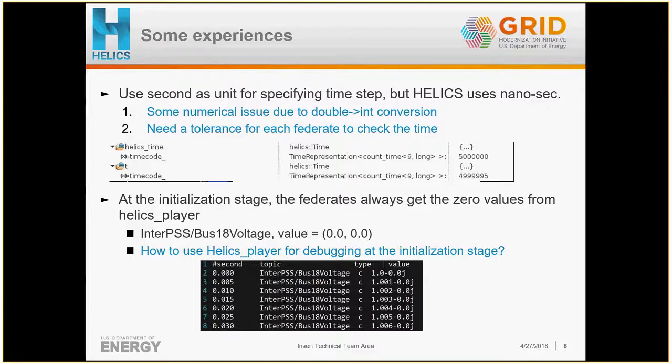Here's an example: I play this data to my federate, but at time 0, at the initialization stage, it always gets 0. So my question is, how can we use the HELICS player for debugging the initialization stage, not just the execution stage?